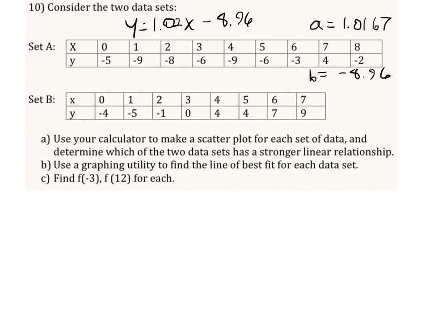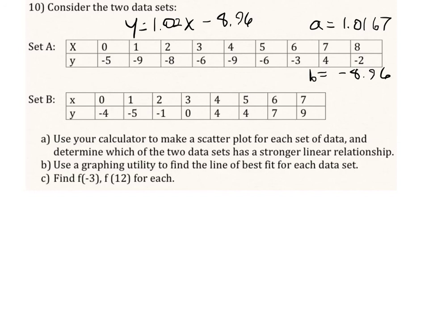Go back to y equals, and we want to hit vars, and number 5, statistics. Go over to EQ and hit Reg EQ, and hit Graph, and you'll see your line form there. All right.